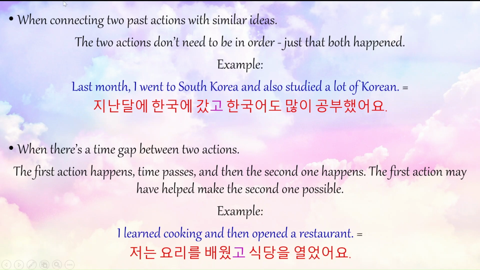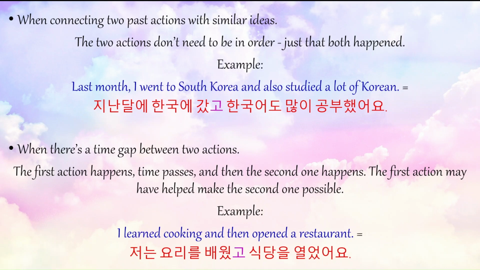For example, last month I went to South Korea and also studied a lot of Korean. So, what are the two actions that happened in the past? Last month is your past. First, you went to South Korea. And the second action is you studied a lot of Korean, right?